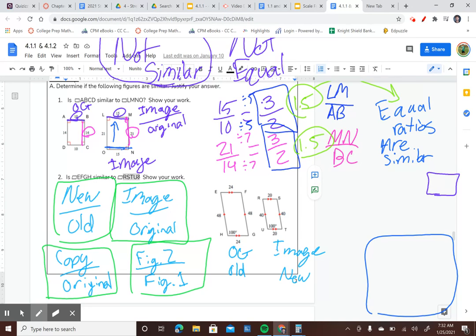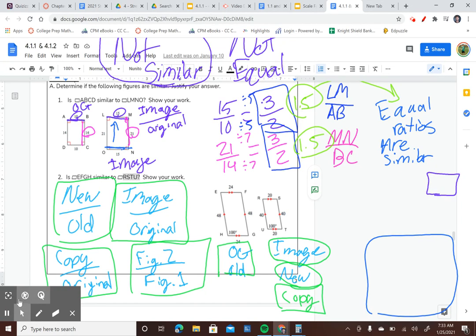Okay, this is going to be an image. This is going to be the new figure. This is going to be a copy of the new figure. And this is the old one, the original, whatever else you want to call it, okay? So I just want you to all know, in case you ever watch a video, that it may be called something different than image over the original.